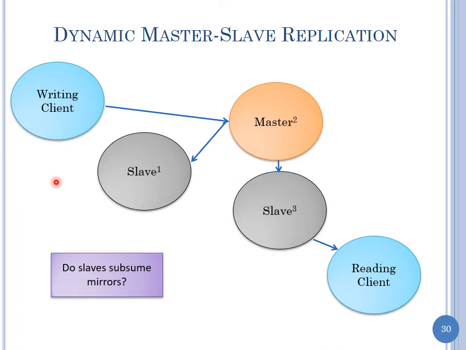A mirror just receives data, a slave can give data, and a slave can not only give data to an old master, but it can also become a master itself. So I'm arguing that there are fundamentally different reasons for choosing mirrors and slaves. So what are the different reasons? Maybe what you do underneath is similar, but there are different reasons for choosing one or the other.